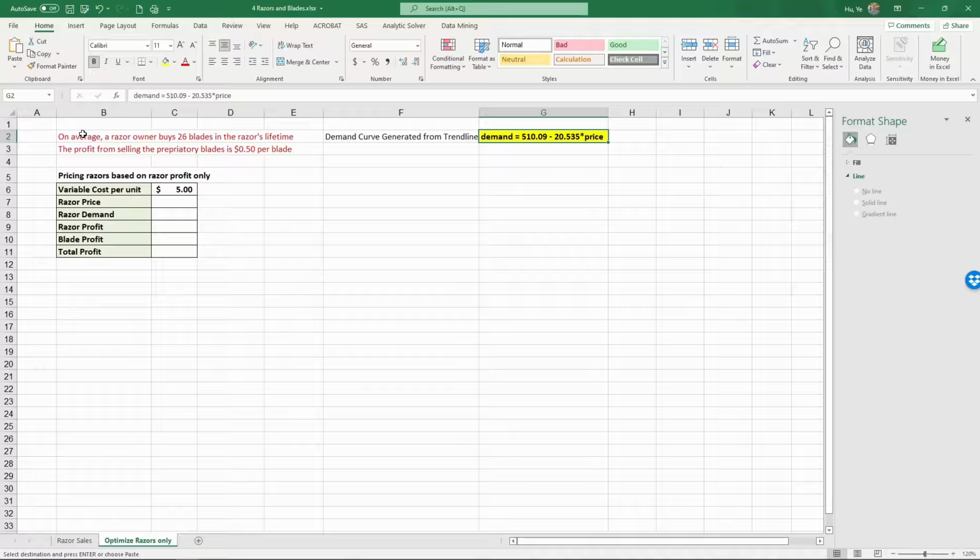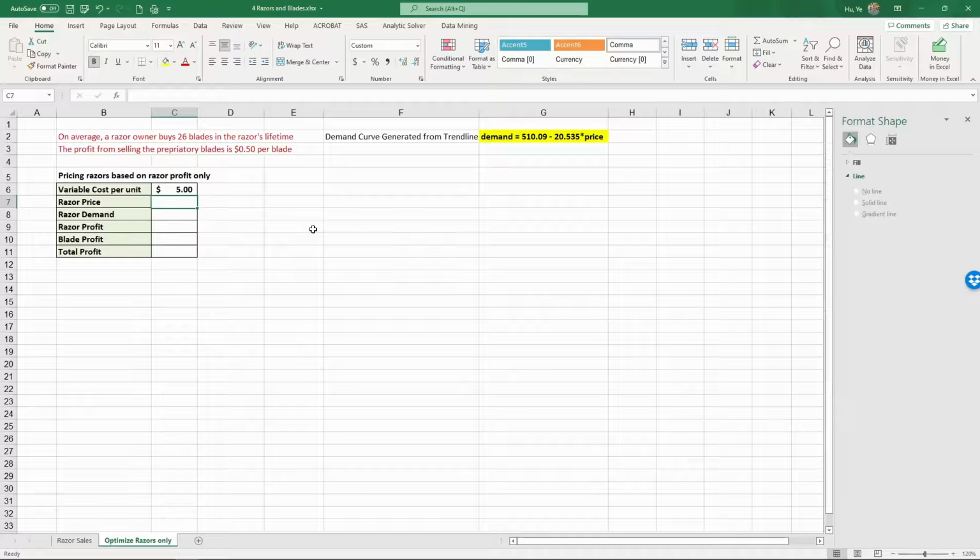And then based on the demand curve, we're going to start to lay out the calculation of the profit based on price. Additionally, we're given the information that the owner of a razor, generally speaking, buys 24 blades in the razor's lifetime, and the profit from selling a blade is 50 cents. So the variable cost per unit is already given. That's $5 per razor.